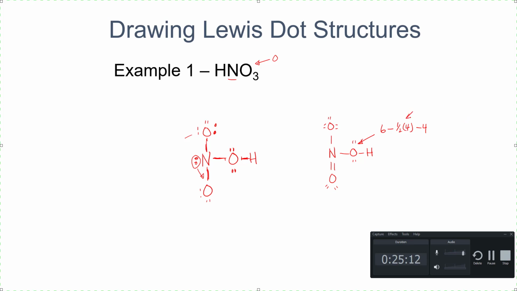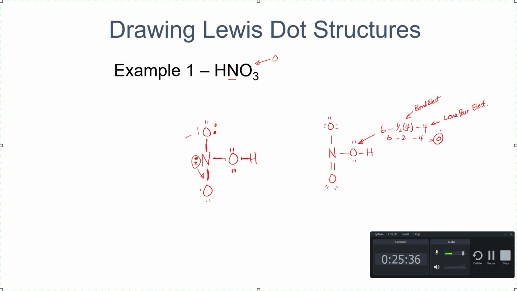So this is 1/2 the number of bonding electrons, and this is the number of lone pair electrons. So in this case, 6 minus 2 minus 4 is 0.